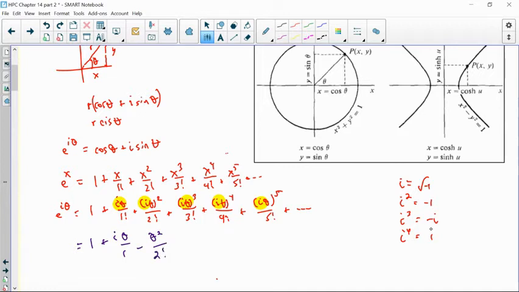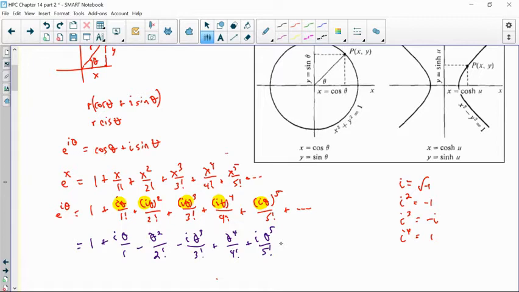Now i cubed is equal to negative i, so minus i theta cubed over 3 factorial, and then i to the fourth power, which is 1, so I just have theta to the fourth power over 4 factorial. And then i to the fifth power cycles back up to just an i, so we have i theta to the fifth power over 5 factorial.